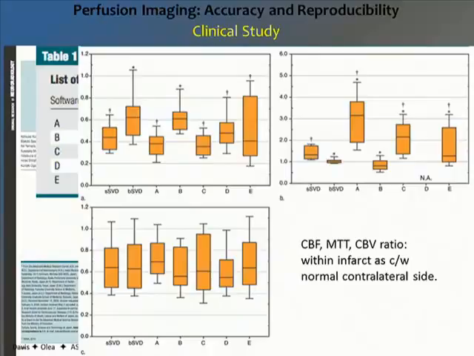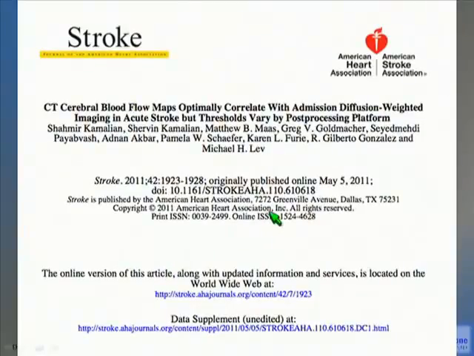If you believed that a cerebral blood flow of less than 0.4 indicates infarction, well, only 2 of these manufacturers would have given you an infarct, while 5 would not have indicated infarct. The same is true for mean transit time and to some degree for cerebral blood volume. Many people have come to this conclusion.